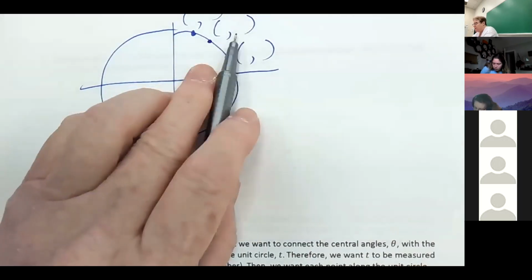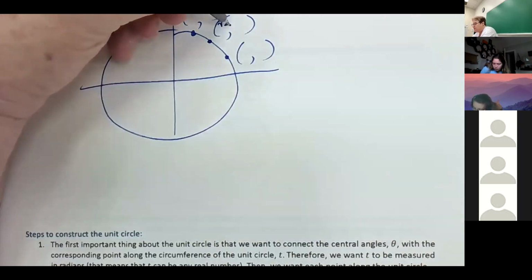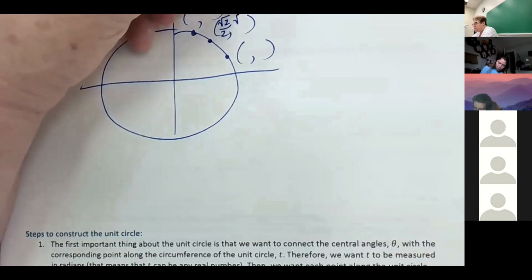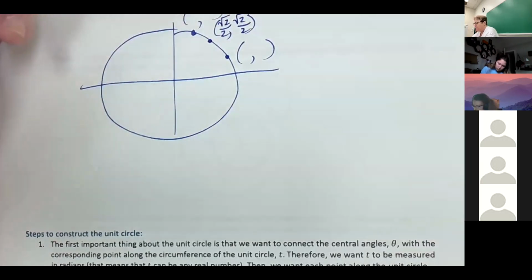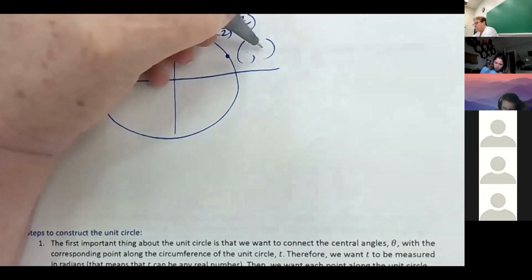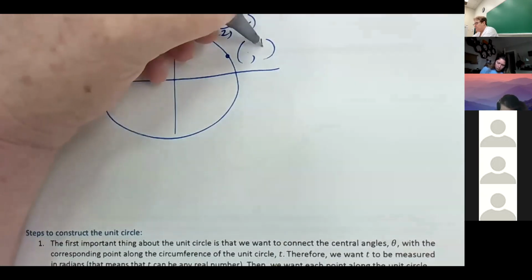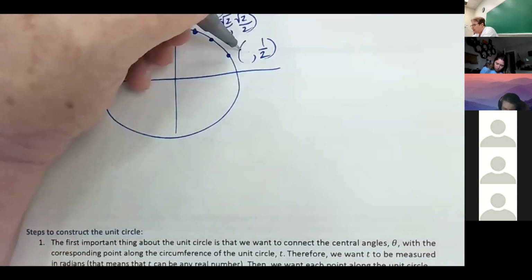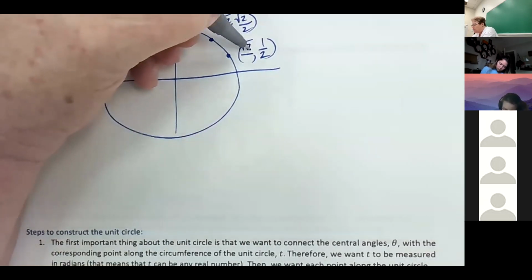If either value is square root of 2 over 2, the other value has to be also square root of 2 over 2. If either value is 1/2, the other one has to be square root of 3 over 2.